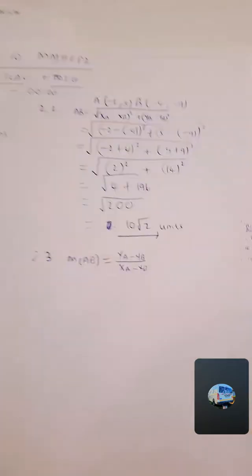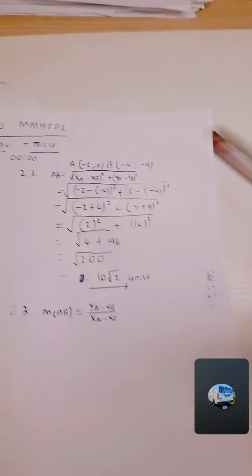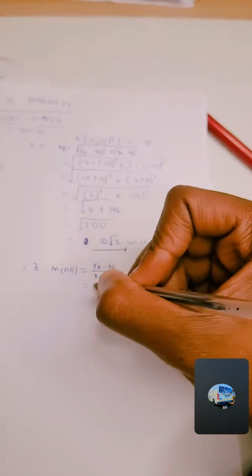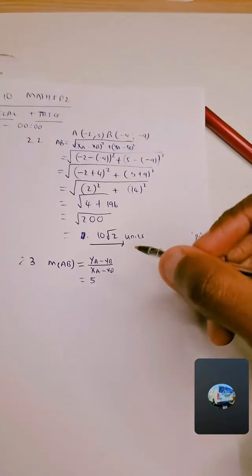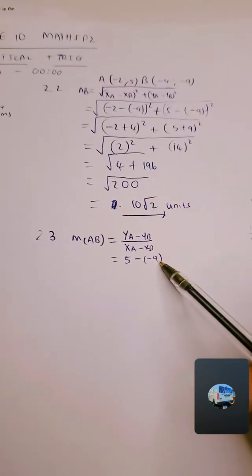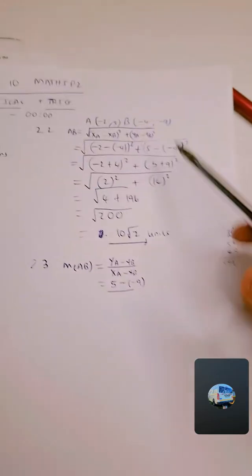X coordinate of A minus the x coordinate of B at the bottom. So the y coordinate of A is 5 minus the y coordinate of B. So there's another -9. We put it in brackets, minus. X coordinate of A, -2 there.